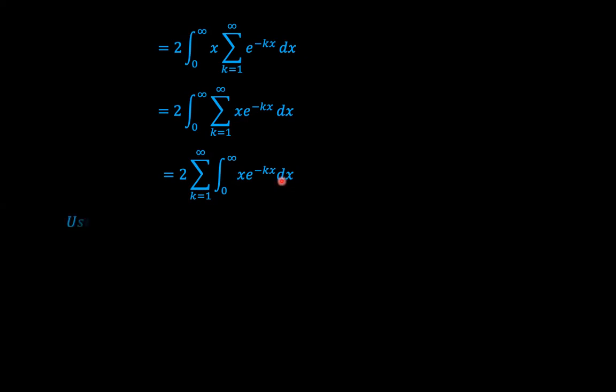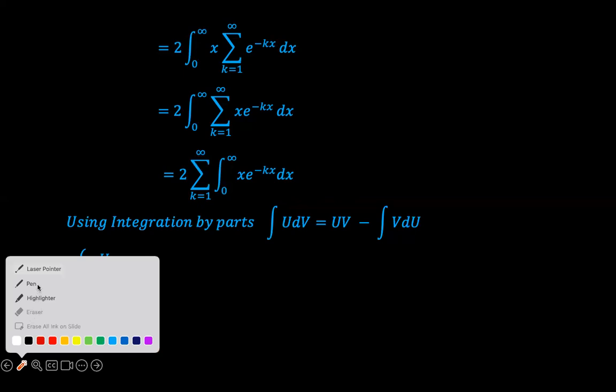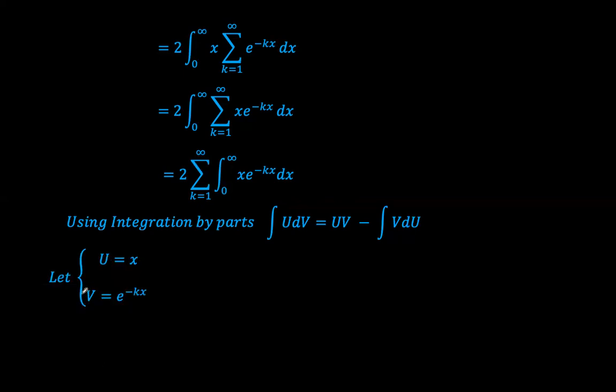So we can use integration by parts, which tells us that if you have a product of u and dv, the integration of that is the same as uv minus the integral of v du. And so if we take u to be x, and dv to be e to the power negative kx, let me write that out so that nobody mistakes it later.